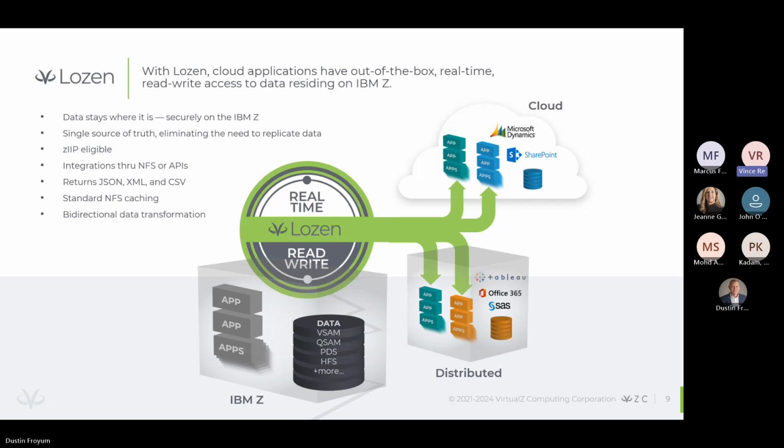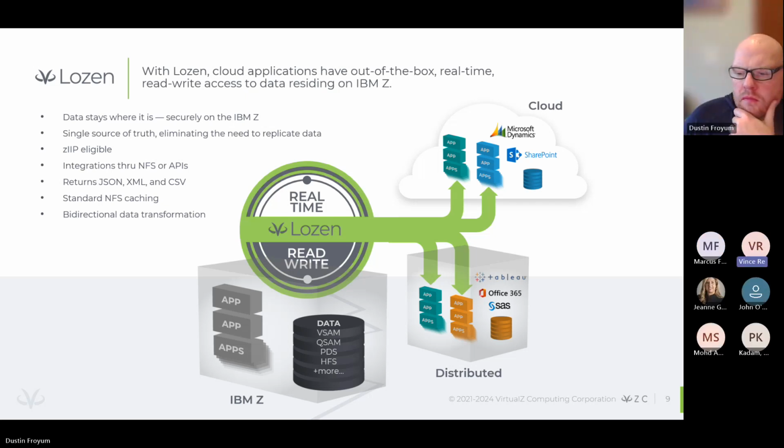You don't have to think about, gee, I started with this COBOL program and now I've got to convert it to SQL or something else because it's used to doing keyed reads and writes, and I don't have a mechanism to do that in most environments. With Lozen, you have all of those capabilities, just as you would have if your application were running on z/OS.